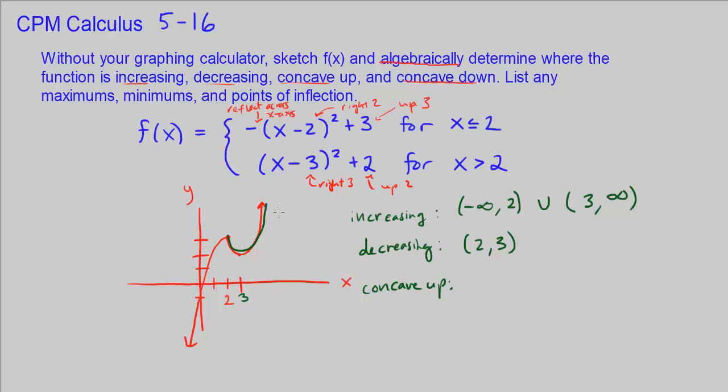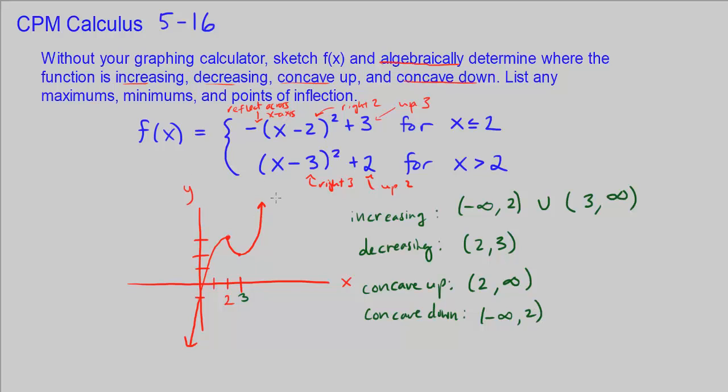Concave up is this region of this parabola, and we can see that it starts at 2 and goes to the right forever, from 2 to infinity. Concave down is this region, right? And that is starting at negative infinity and stopping when we get to 2.